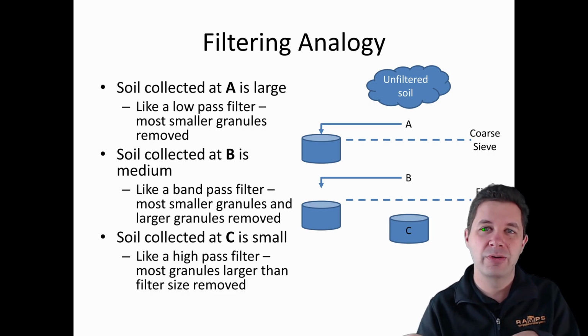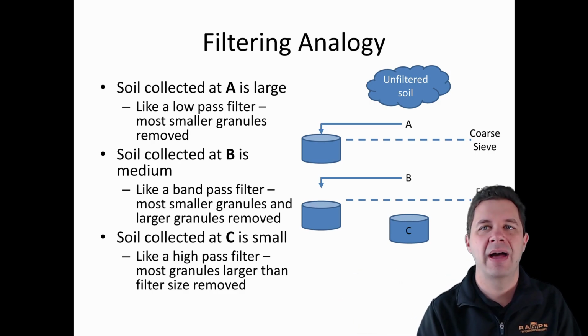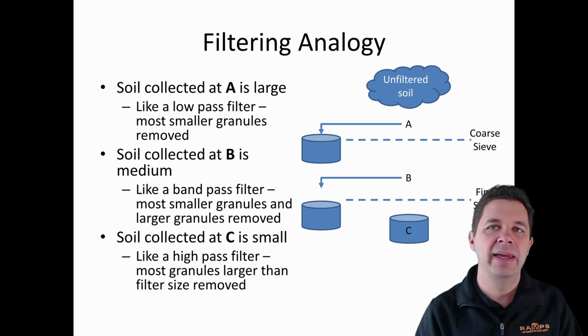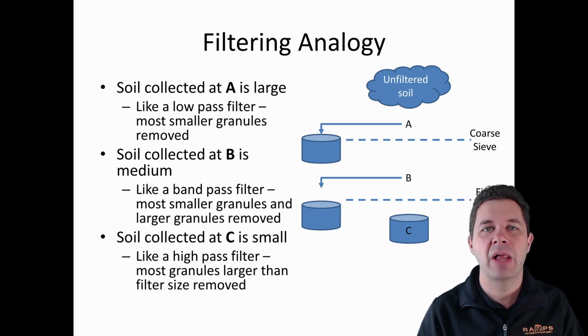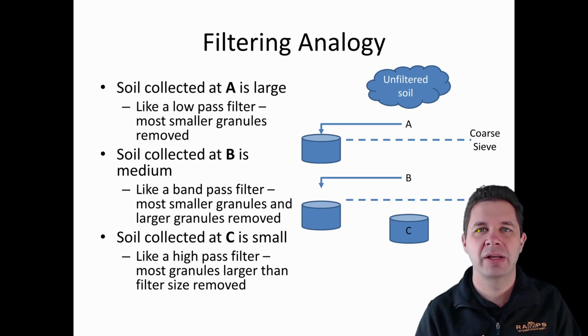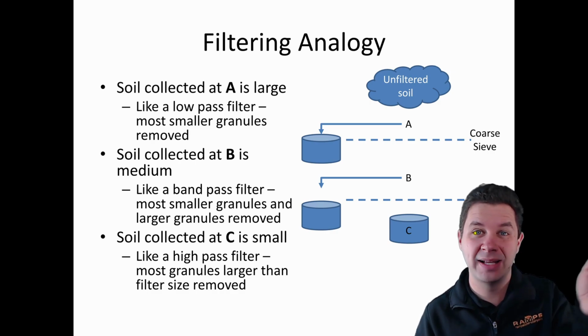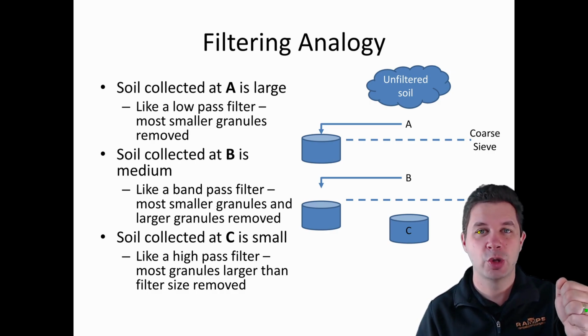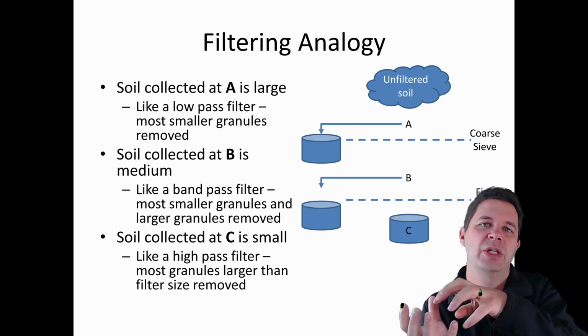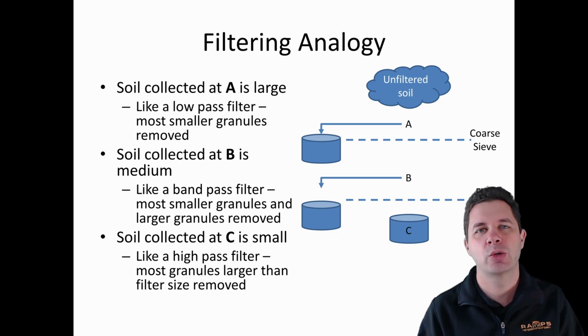Everything that doesn't go through that sieve, you can just tip into the bucket. Bucket B is a bit medium, and it's a bit like a band pass filter. There's certain bits of soil that are rejected because they're too big, and certain bits of soil that go through the next sieve because they're too small, and we've got some in between there, medium-sized granules.